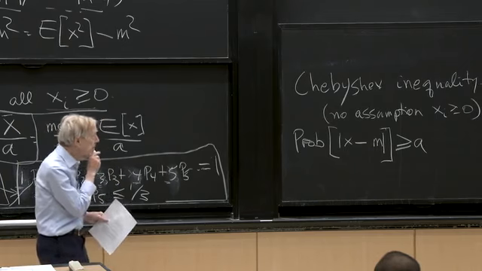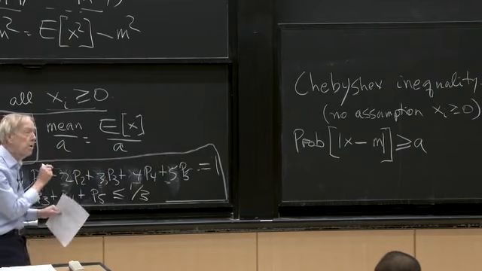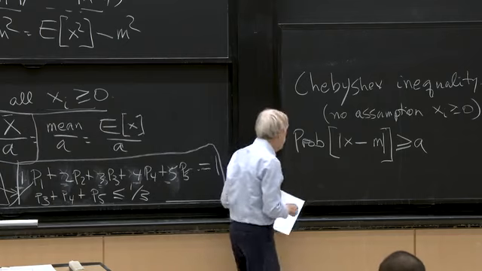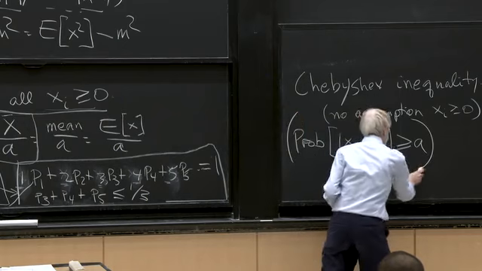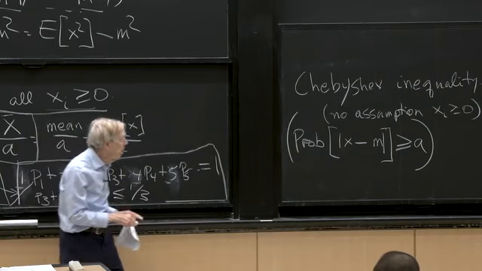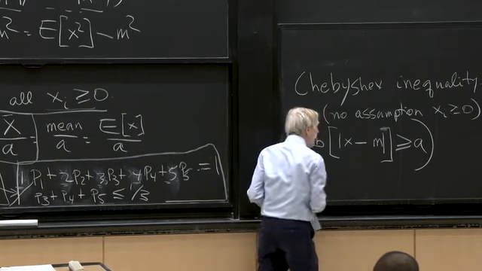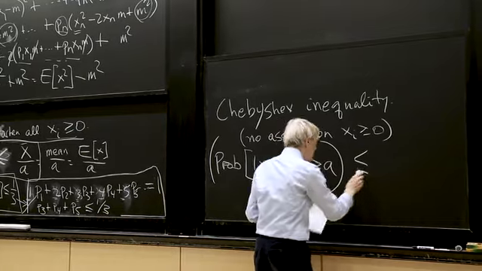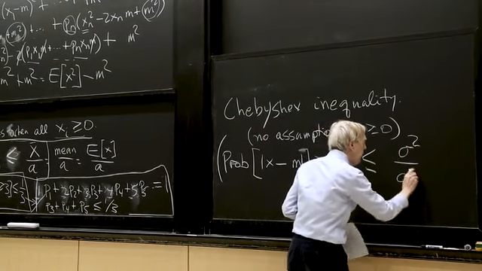And then the question is, can we estimate this? This is a different estimate, but a similar question. And what's Chebyshev's answer? The probability that x minus m is greater or equal to a is less or equal to sigma squared over a squared.